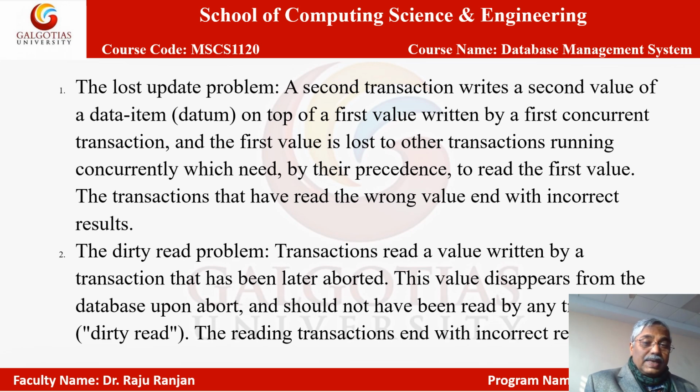So first transaction happened and the first transaction wrote some value over the balance, means the first transaction updated the balance in the database, and then just after that the second transaction again updated the value in the database or in the balance column.